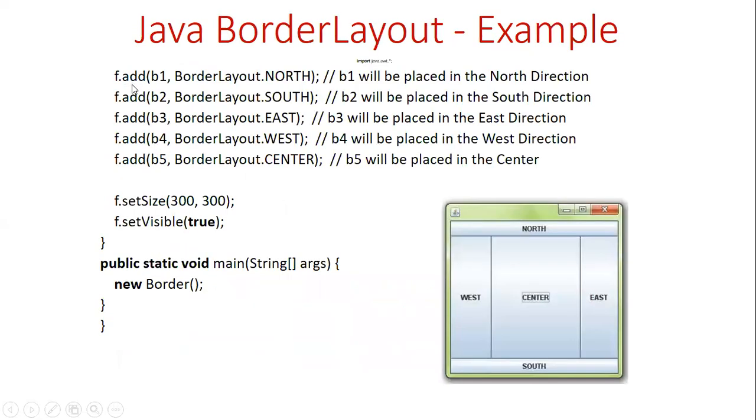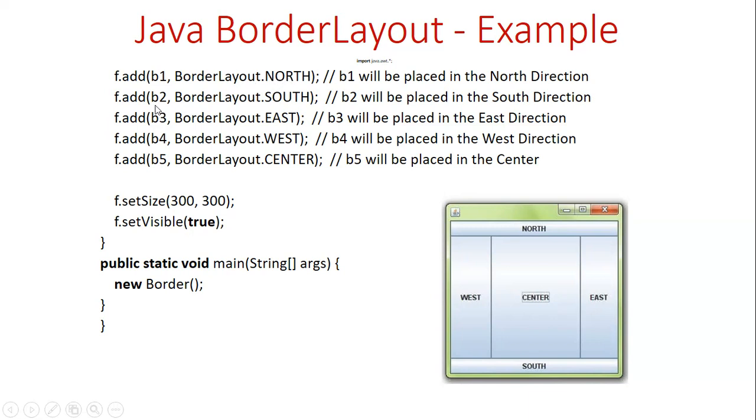Now, using the add method, the button components are added to the frame object. Using the very first statement, the first button component B1 is added to the frame F in the north direction. So we are passing the argument BorderLayout.NORTH here.